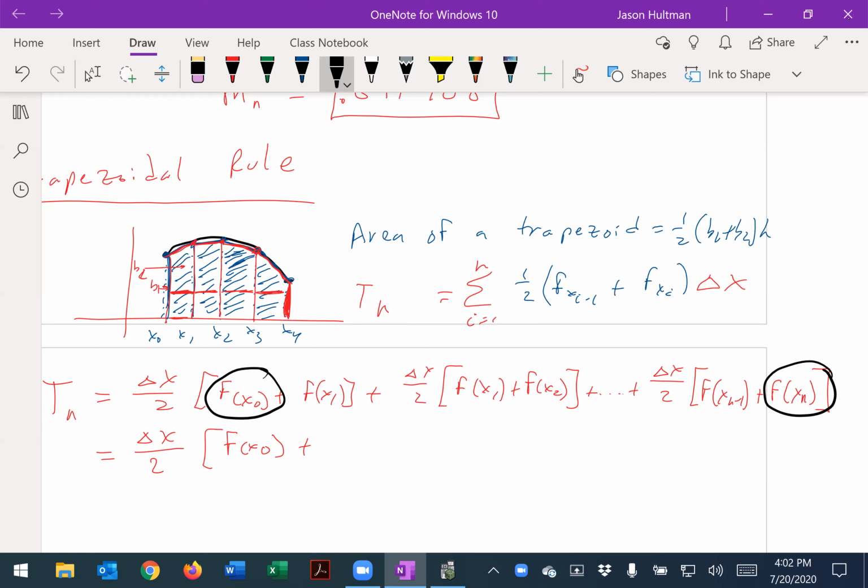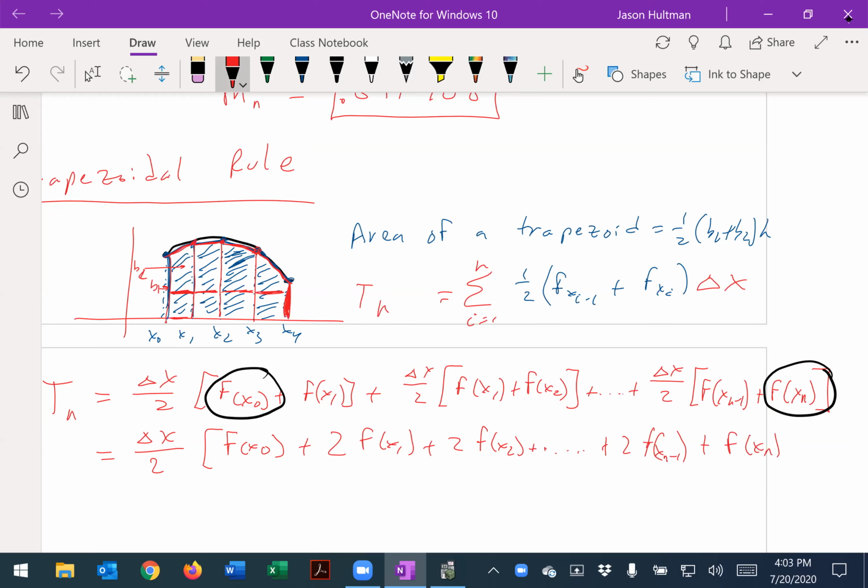And so this becomes 2 f of x1 plus 2 f of x2, plus dot, dot, dot, plus 2 f of x sub n minus 1, plus f of x sub n.